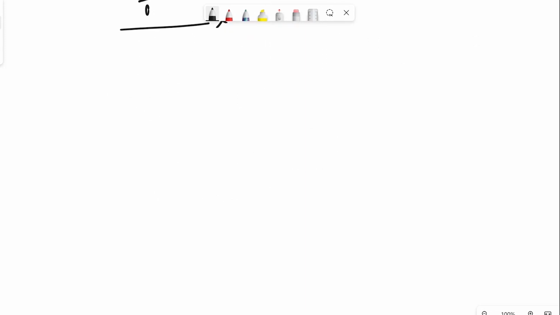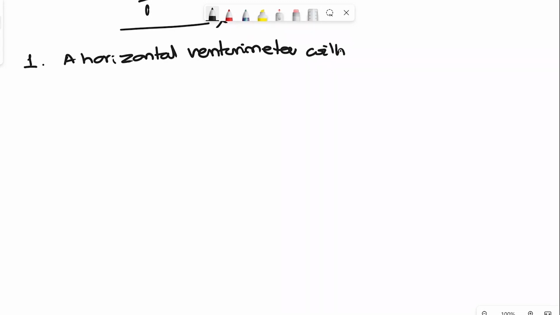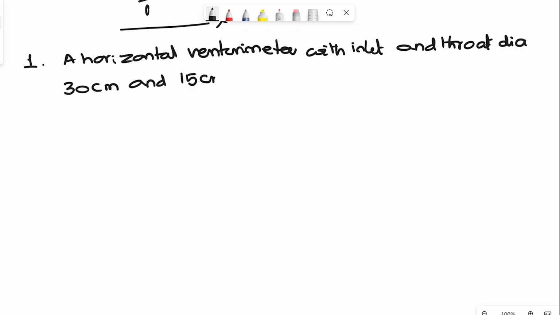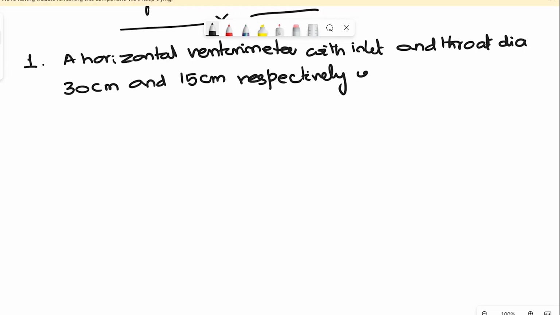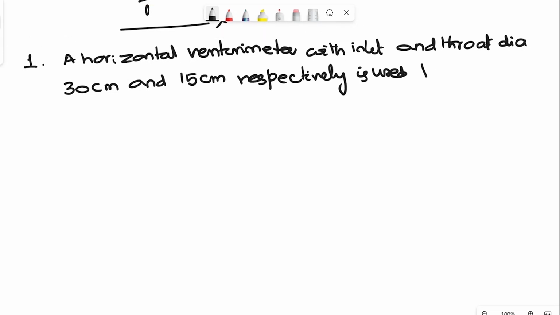So now let us take straight away a problem on Venturi meter. A horizontal Venturi meter with inlet and throat diameters 30 centimeters and 15 centimeters respectively is used to measure the flow of water.